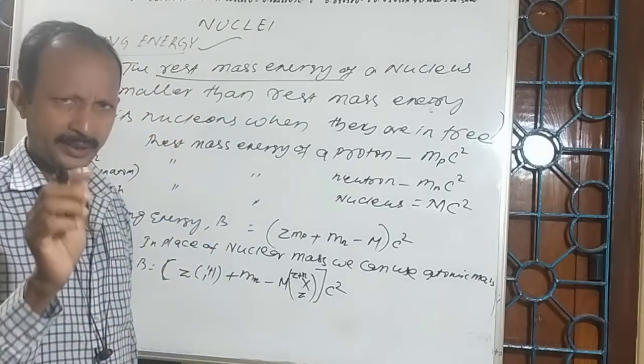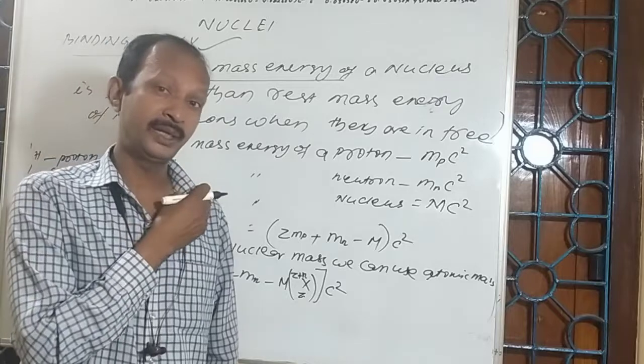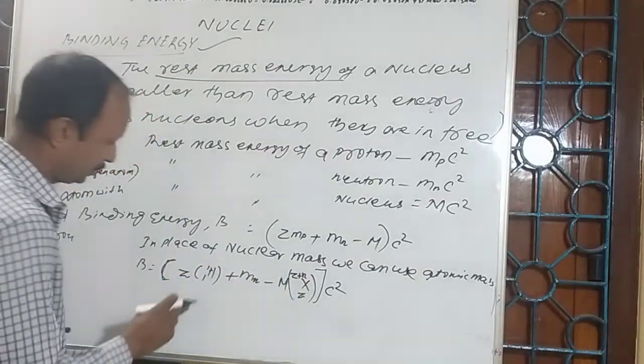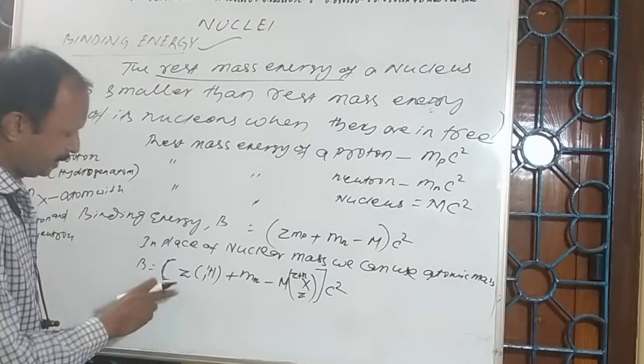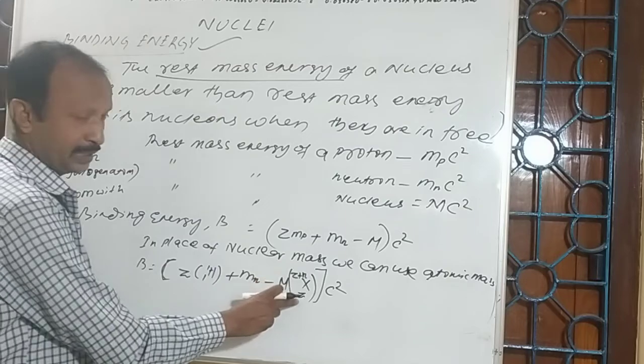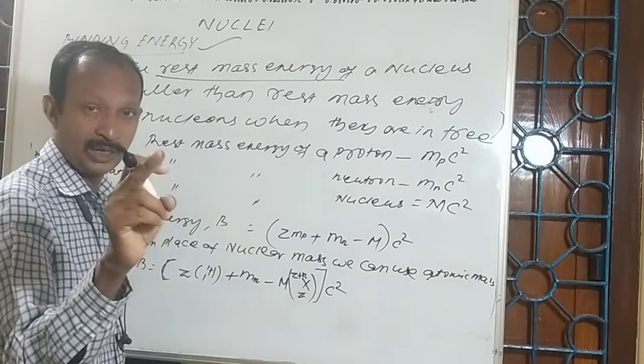Okay. There is a little difference in binding energy. You see that here electrons are cancelled. What electrons are cancelled? It contains Z number of electrons. Here also it contains Z number of electrons.